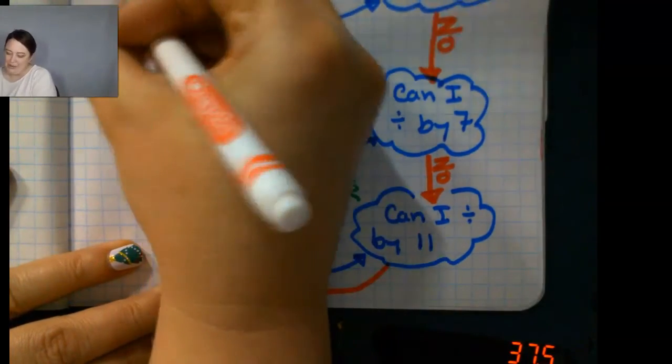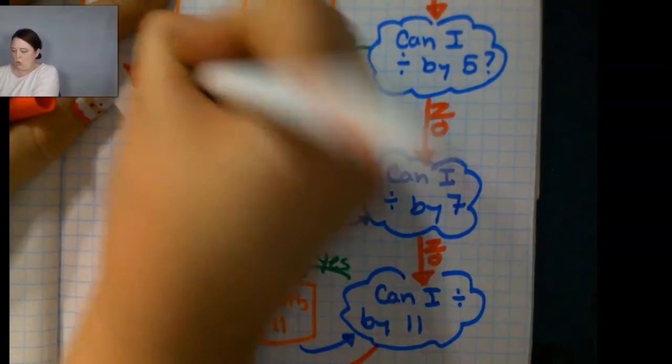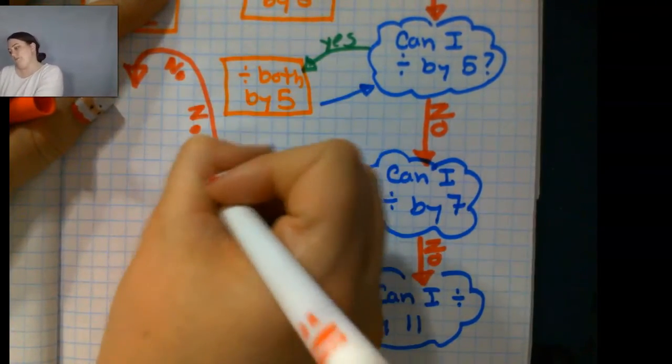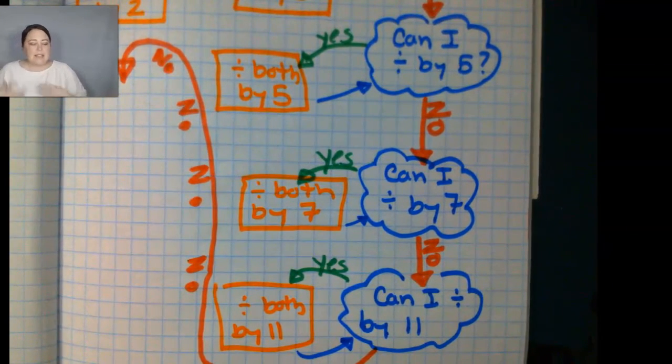And now my flowchart is going all the way over here. No, no, no, no. These last questions I usually will ask myself because if I get a yes here, that usually means it's simplified, right?